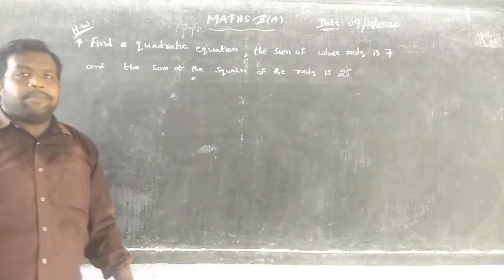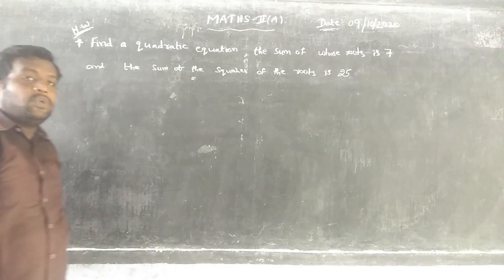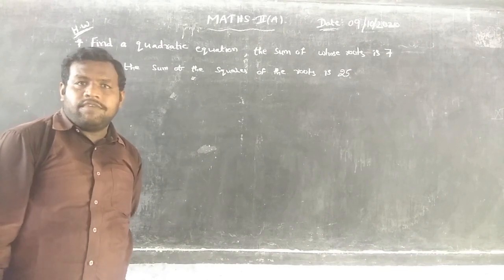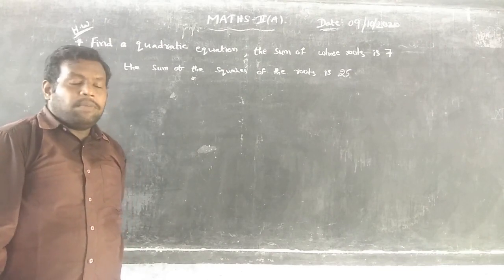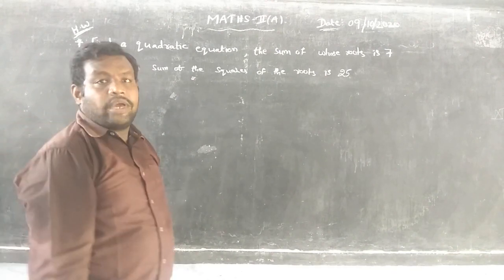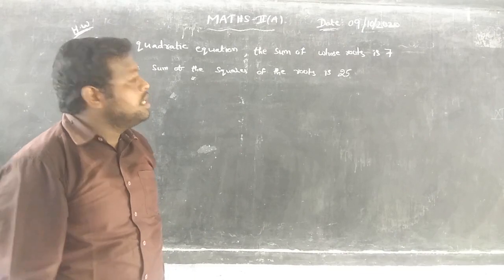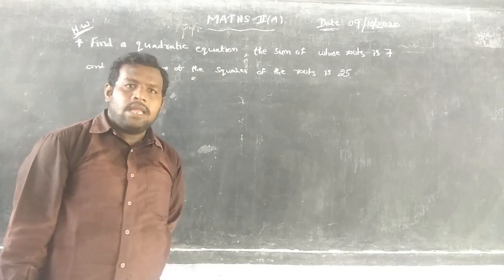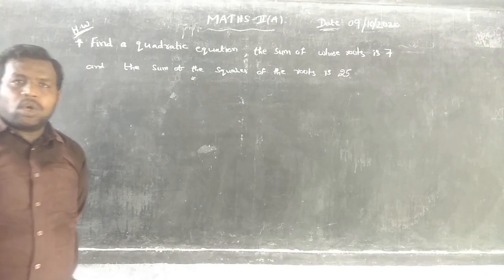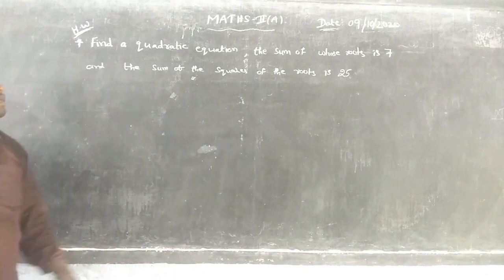Same as the previous model problem. In the previous one, the sum of the roots was 1 and the sum of the squares was 13. But in this problem, the given condition is that the sum of the roots is 7 and the sum of the squares of the roots is 25. Everyone note that one.